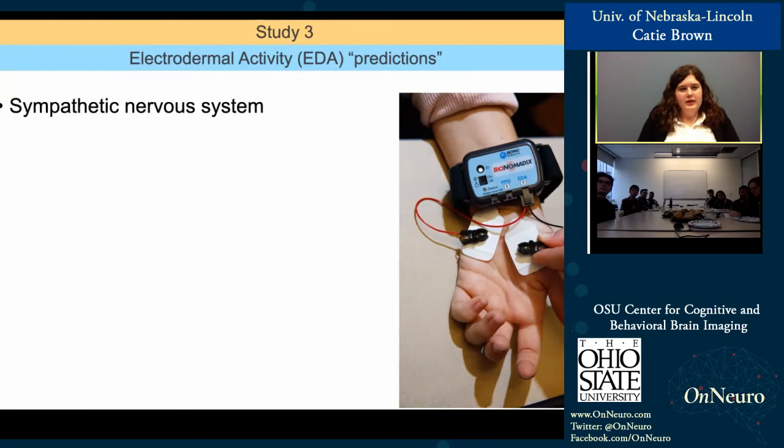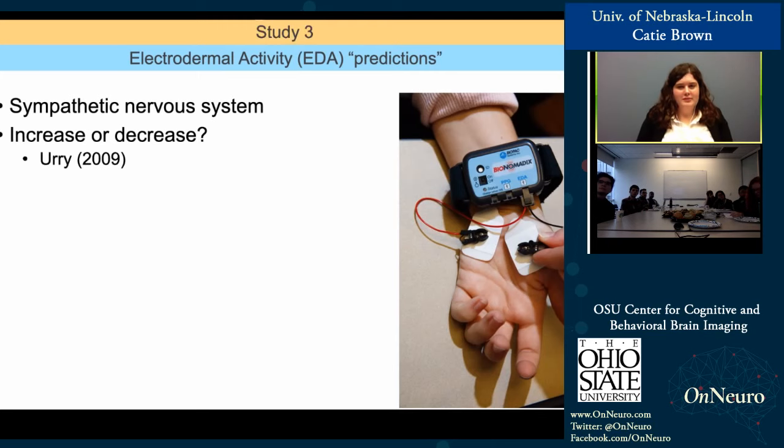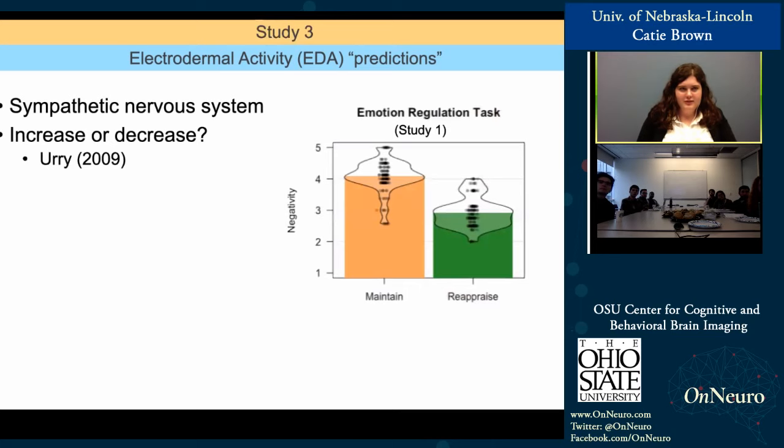Looking at the EDA predictions, like I said, it's unclear whether we would see increased or decreased EDA in response to reappraisal versus maintain. We didn't have very specific predictions, that's why predictions is in quotes. But we do have some ideas.